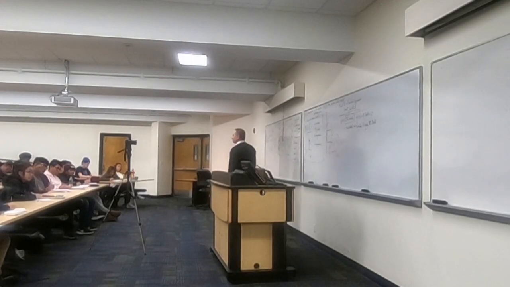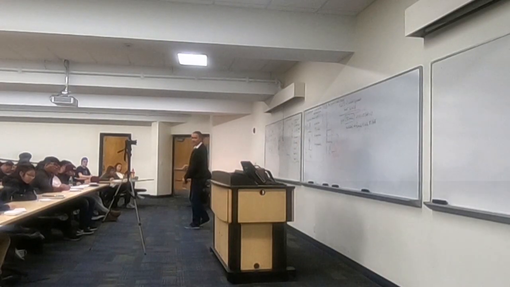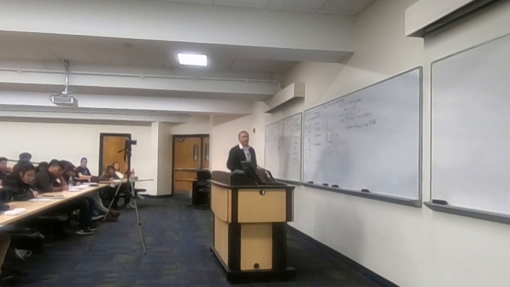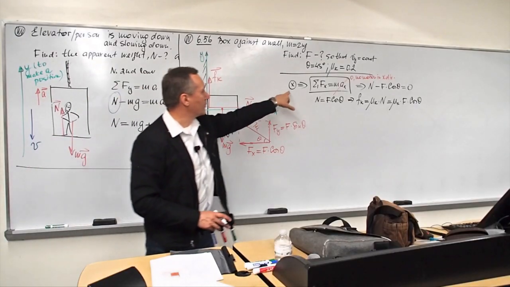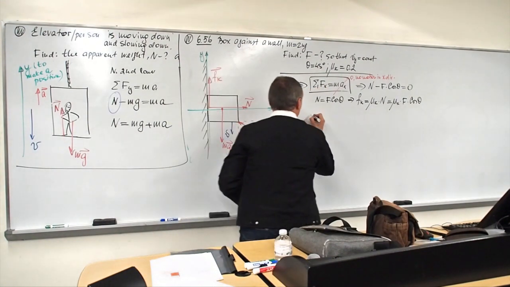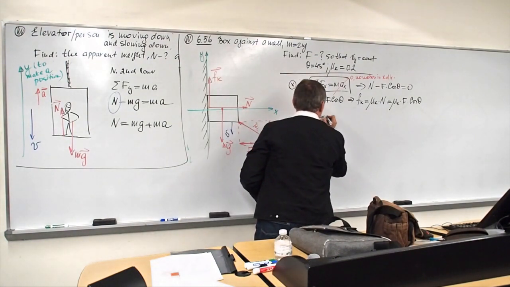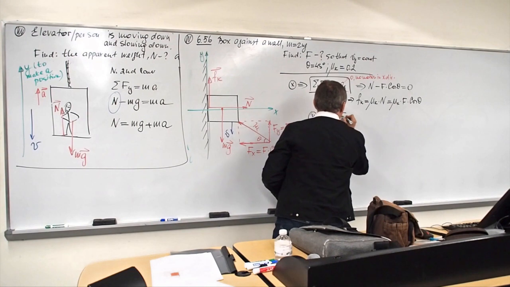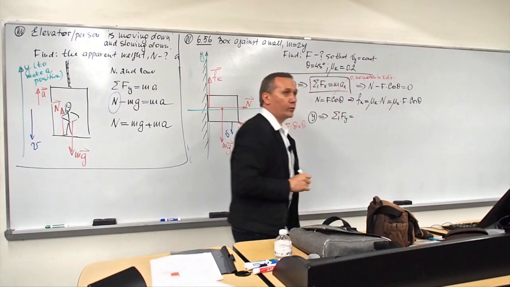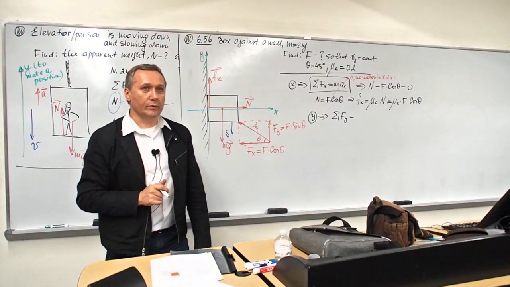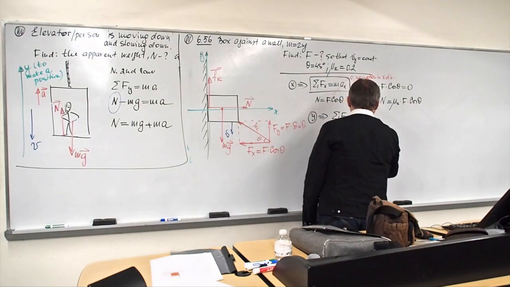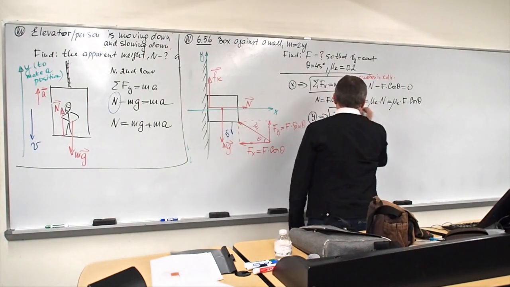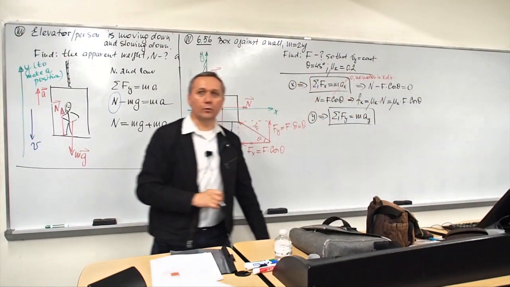So we prepare this ingredient for the equation in the y direction. So that was x, and now y. The sum of the y components of all forces equals mass times acceleration in the y direction. Again, just application of the universal law.